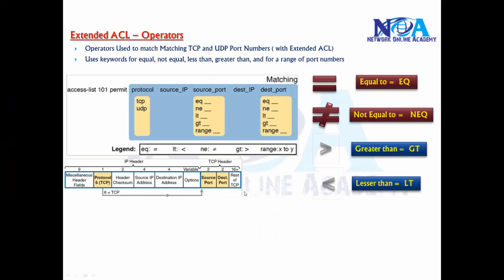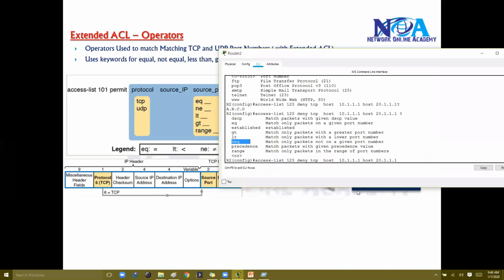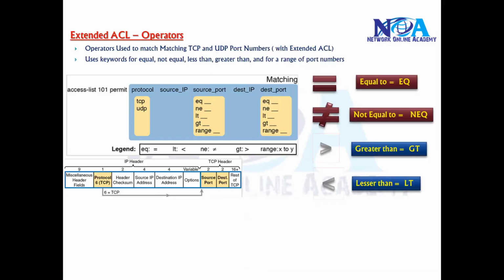So operators are compulsory to use if you want to match any service. It's a part of the syntax. When you're writing the ACL statement, you must specify the operator if you want to match a specific service. If you just want to match all the services in that protocol, then no need.